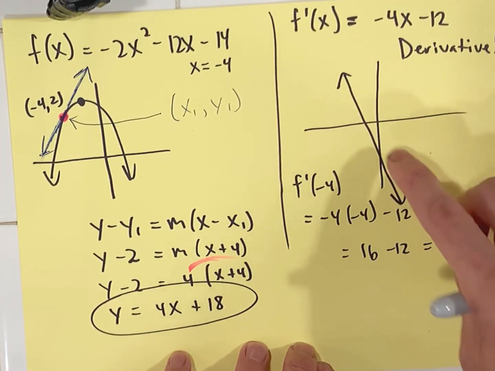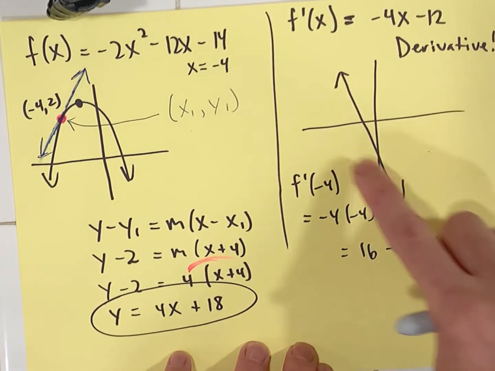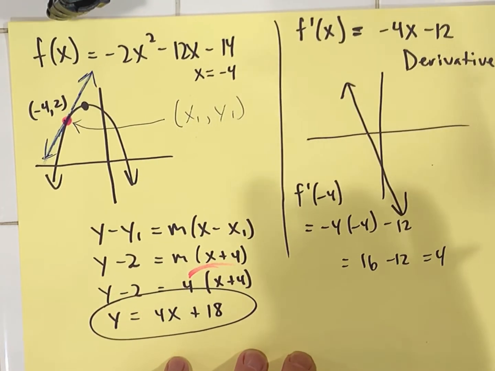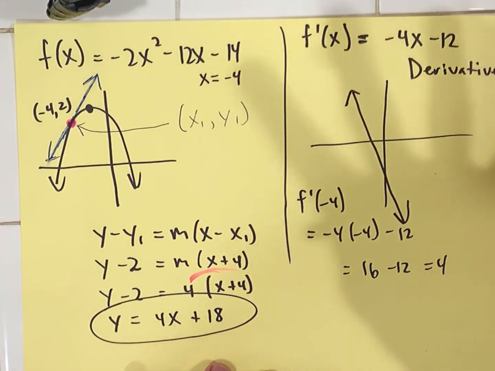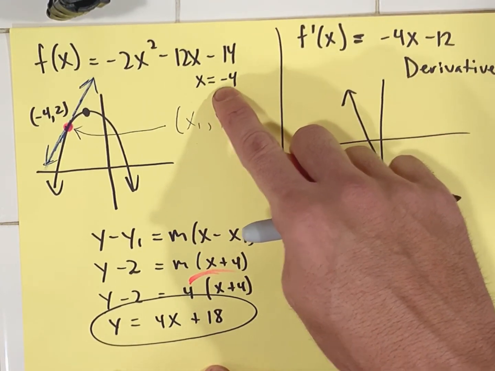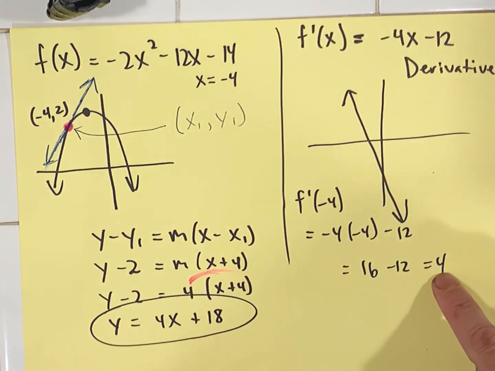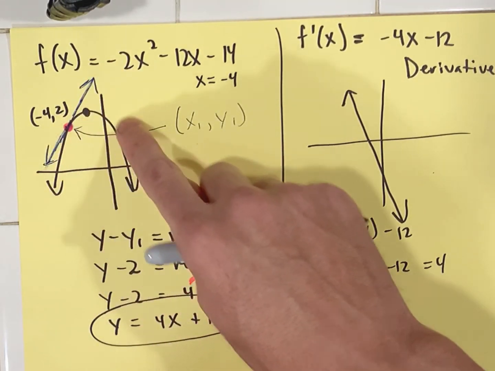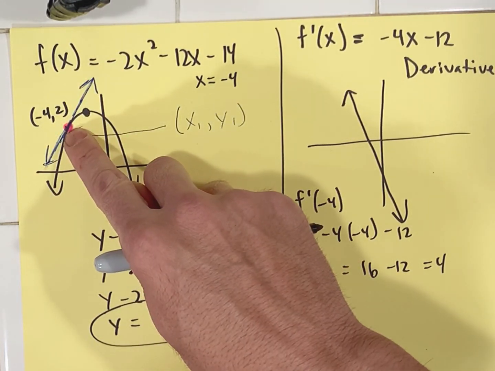The connection between the graph of the derivative and the graph of the original, we can discuss that later because there are some serious connections there. But for now, just know that if you plug your x coordinate into the derivative, the number that you get represents the slope of the line that is tangent to the original at the point of tangency.